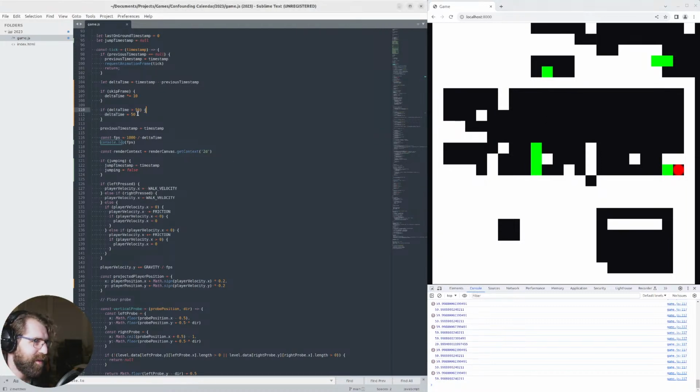Basically, I just want my limit to be lower. This isn't that high though. I mean, it's fairly high, 50 milliseconds for a frame.